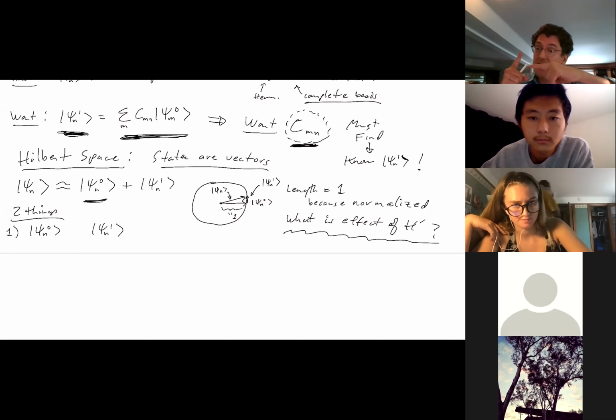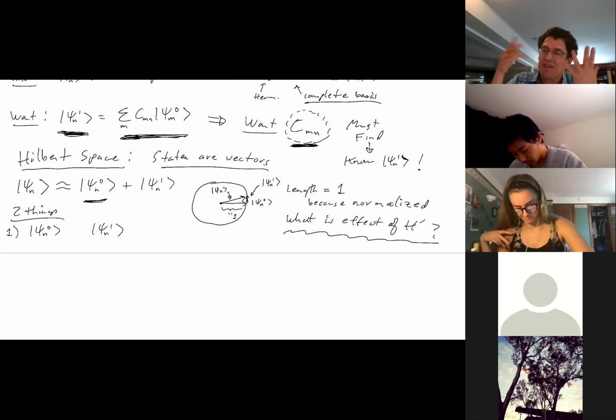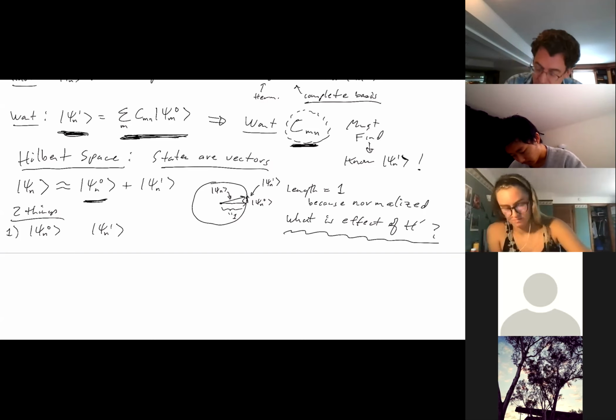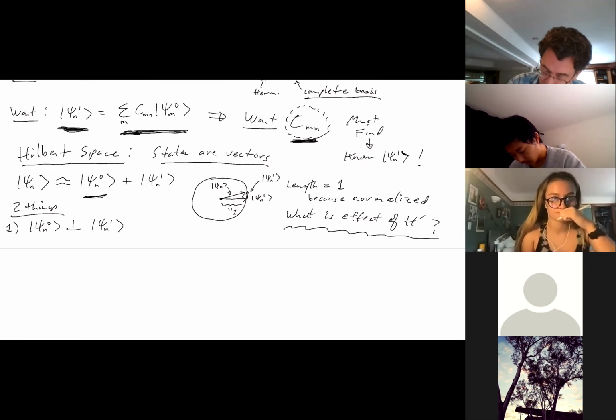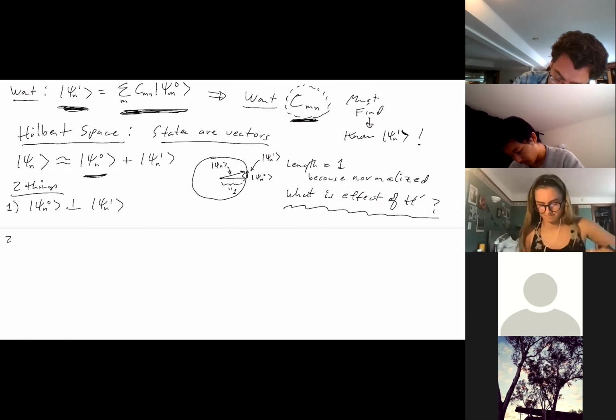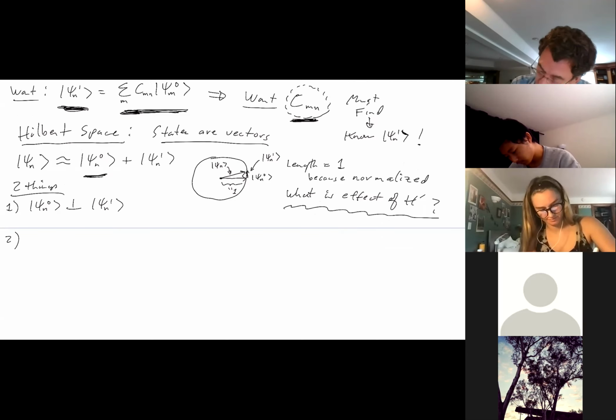Now, if my perturbed state rotated a lot in Hilbert space, they wouldn't be orthogonal, but for a little rotation, they're orthogonal. And that's why it's perturbation theory, everything's small. Exactly, they're orthogonal. You can just see it from the picture. And there's another thing, which is that there's something about psi n.